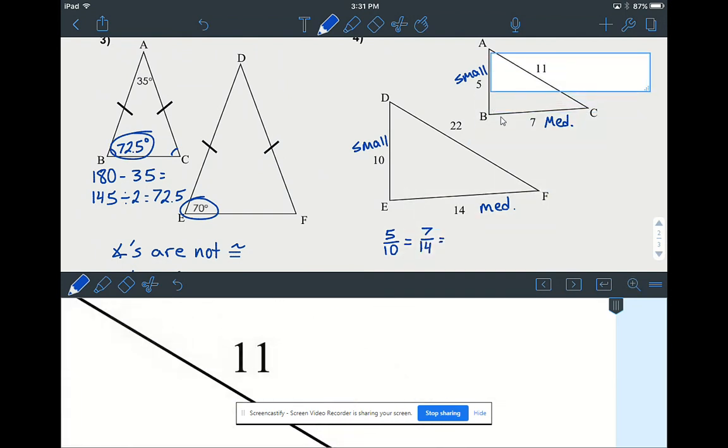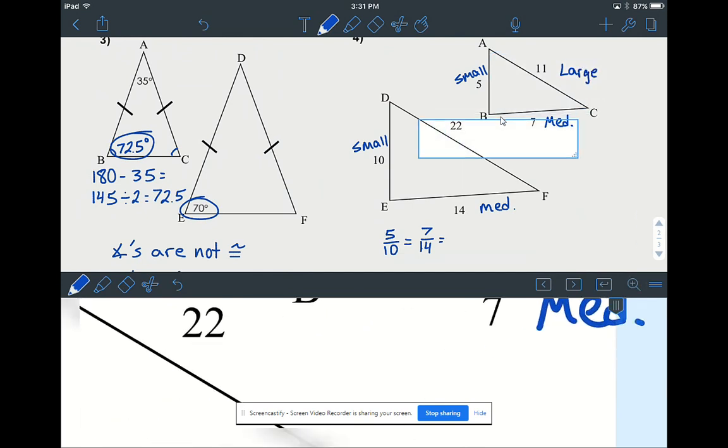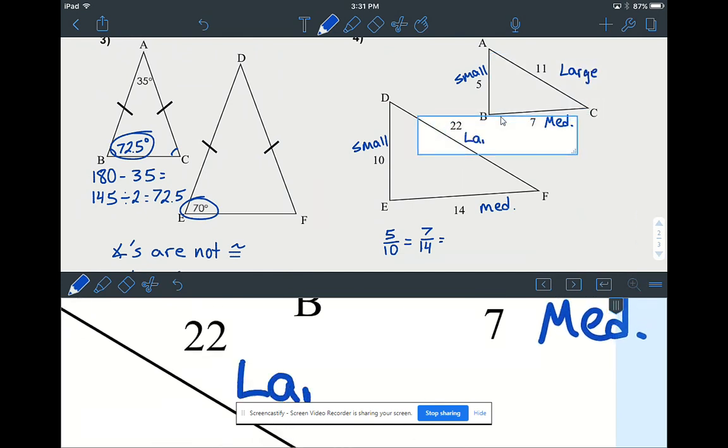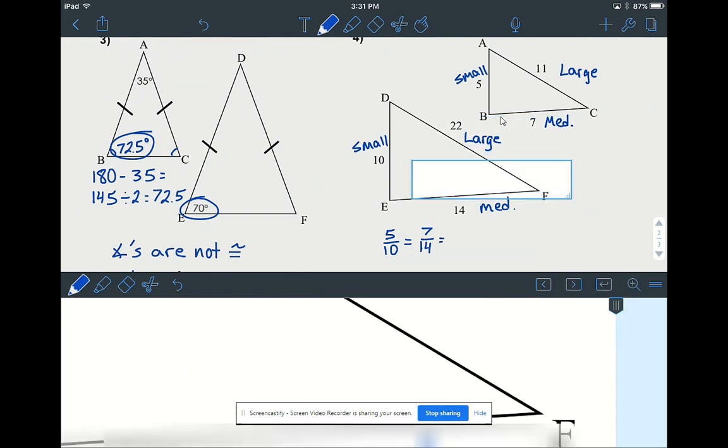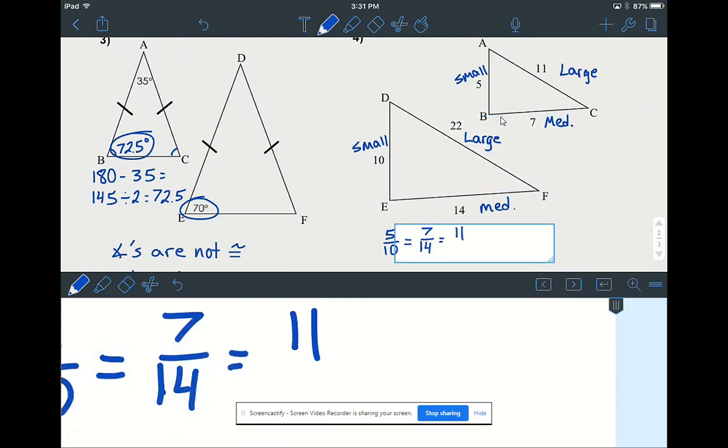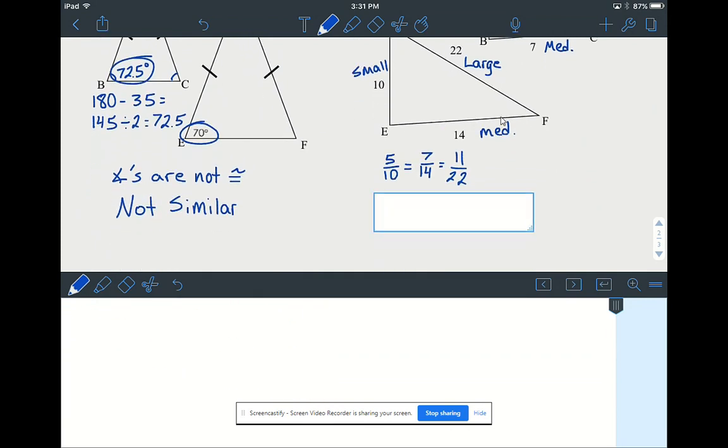And then I'm going to look at my biggest side. So my large side and my large side. And I'm going to compare those. So 11 to 22. Now, hopefully you guys can do this in your head, but all 3 of those, 5 over 10, 7 over 14, 11 over 22, those are all 1/2.